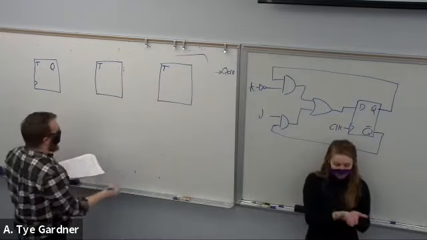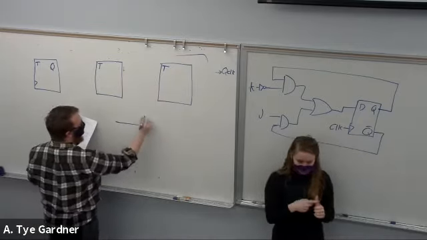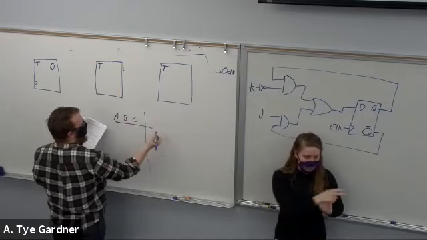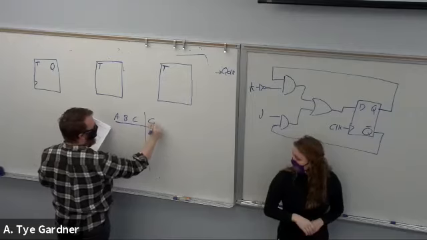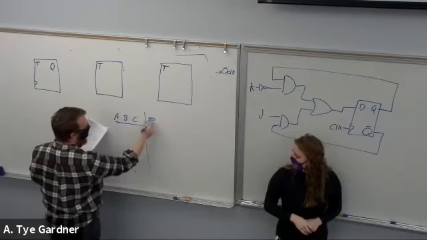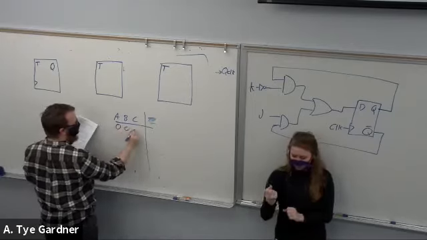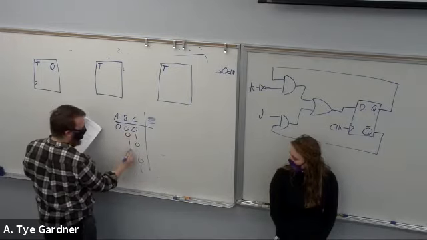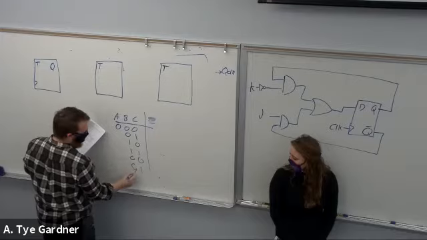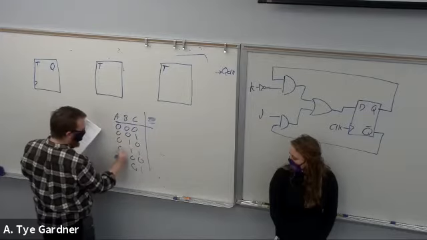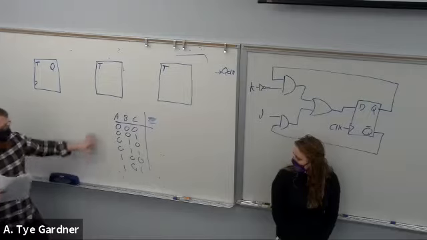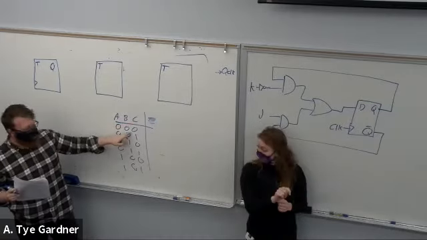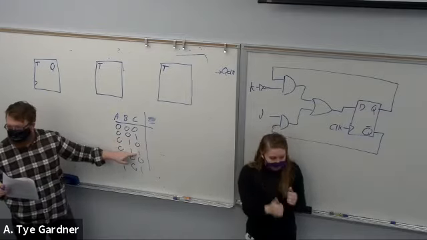So the first thing I want to point out is if I have 3 bits, column A, B, C, well, I'm going to not worry about the output just yet. So this isn't the complete truth table. The first bit, it toggles every line, right?